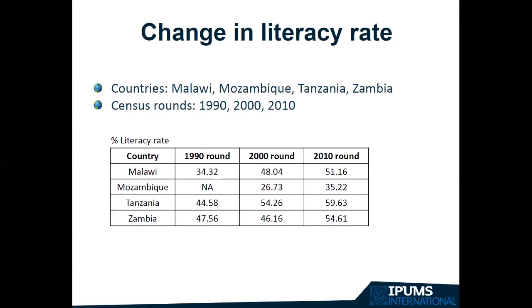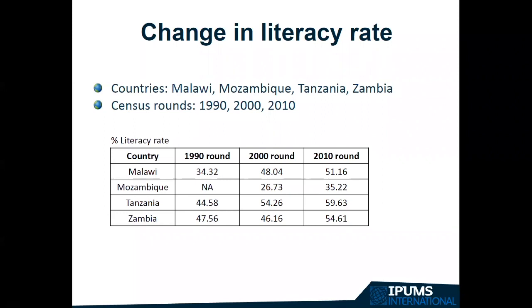Our census data are from Malawi, 1987, 1998, 2008, Mozambique, 1997 and 2007, Tanzania, 1988, 2002, 2012, Zambia, 1990, 2000, and 2010. All of these data correspond approximately to the 1990, 2000, and 2010 census rounds.